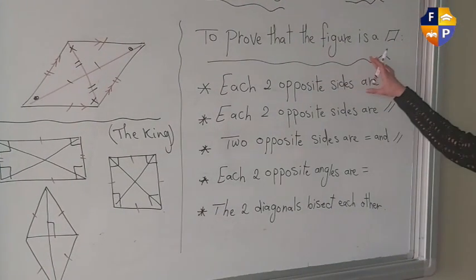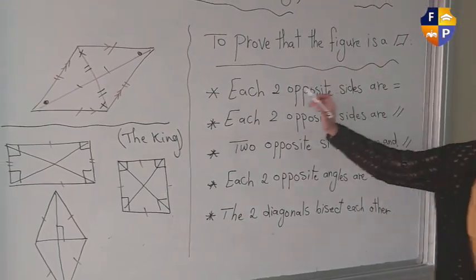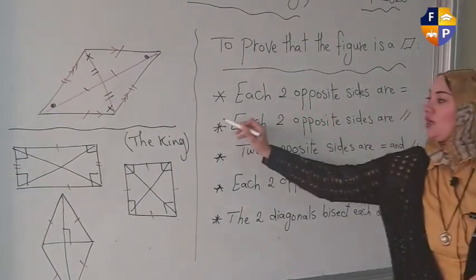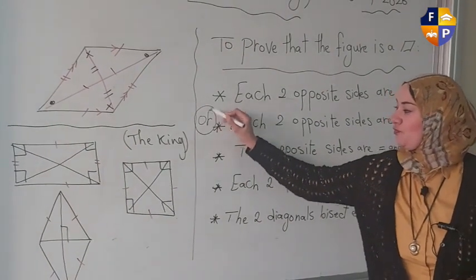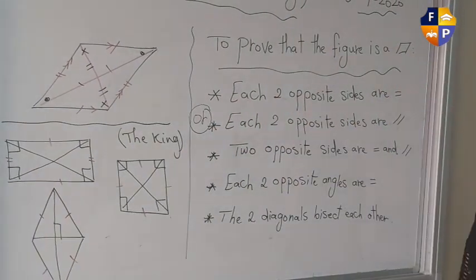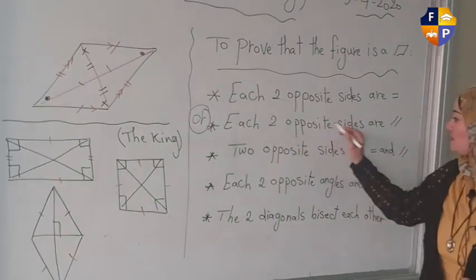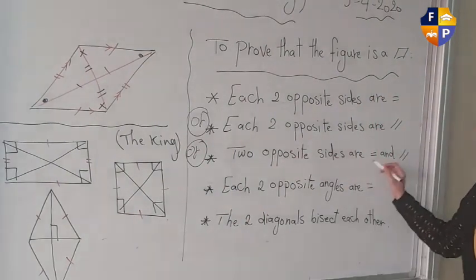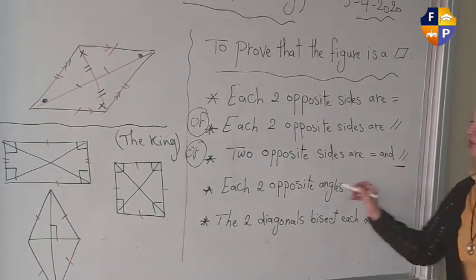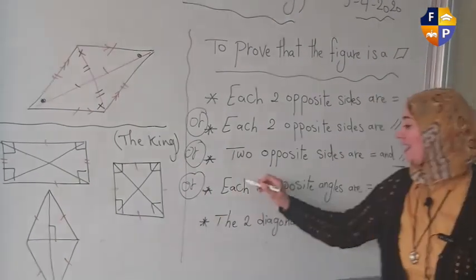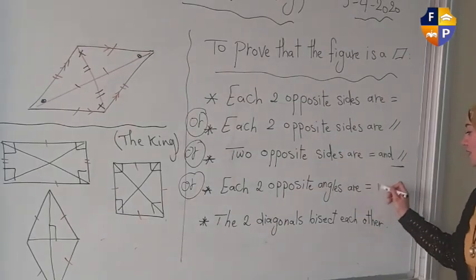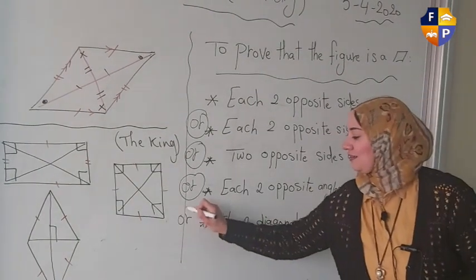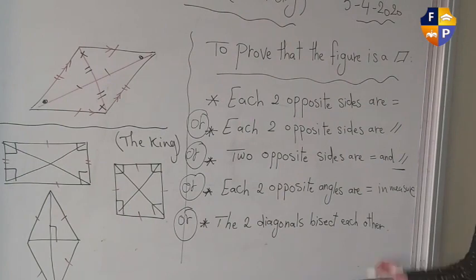To prove that the figure is a parallelogram, we have to prove that each two opposite sides are equal, or each two opposite sides are parallel, or two opposite sides are equal and parallel, or each two opposite angles are equal in measure, or the two diagonals bisect each other.